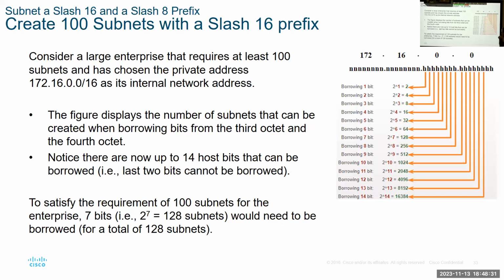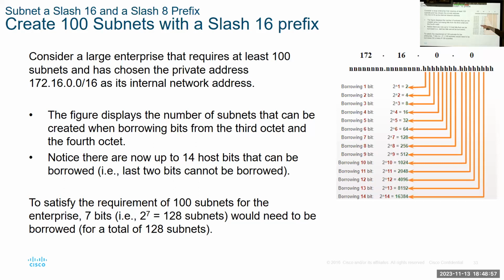Because if you need 100 subnets, you're going to need to reallocate the number of bits that'll give you 100 or more without going too far over. So that's going to be what? 7. 2 to the 7th is 128. 2 to the 6th is 64, which isn't enough. So you're going to reallocate 7 bits.